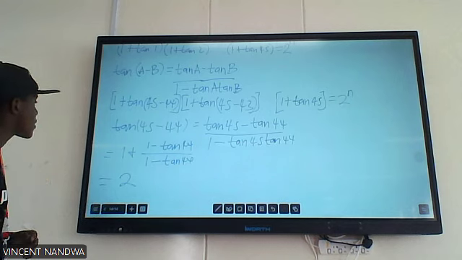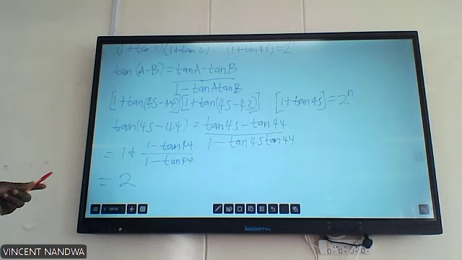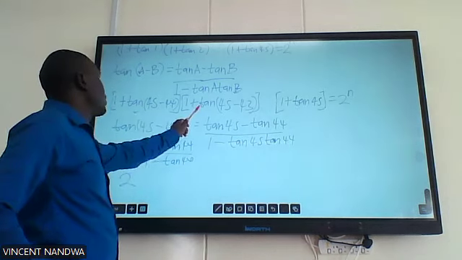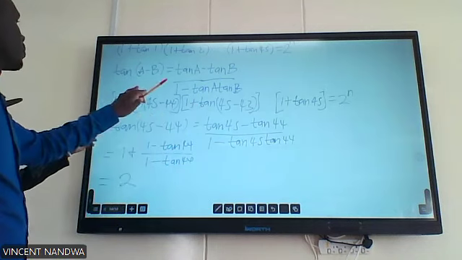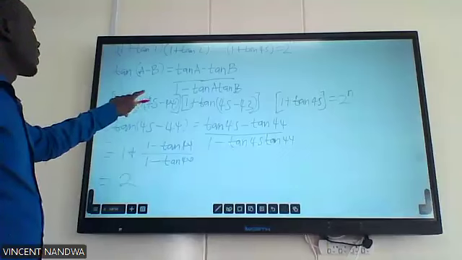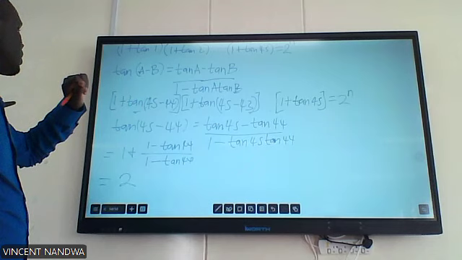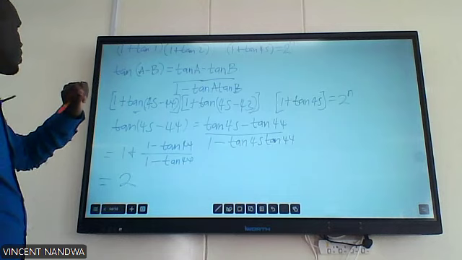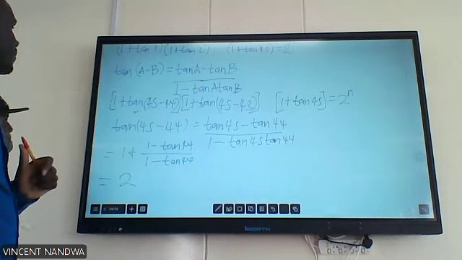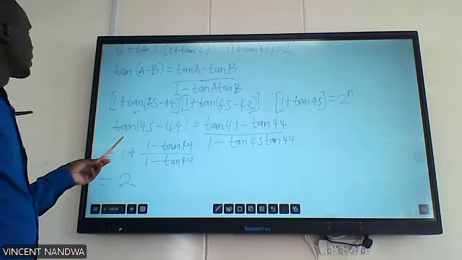Is this for this one or these two or the first one? Are you using two pairs or one pair? Two brackets or one bracket? One bracket. Is it one or two? Let's see.